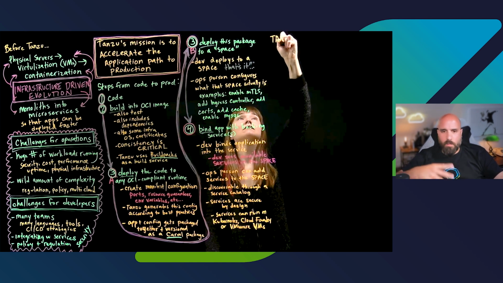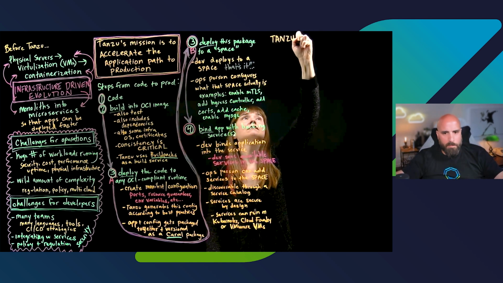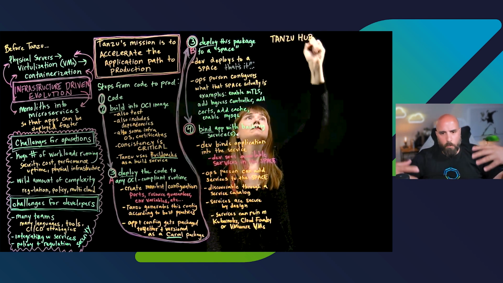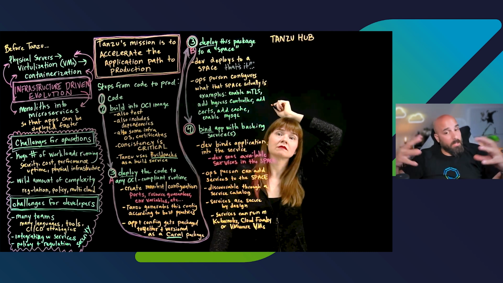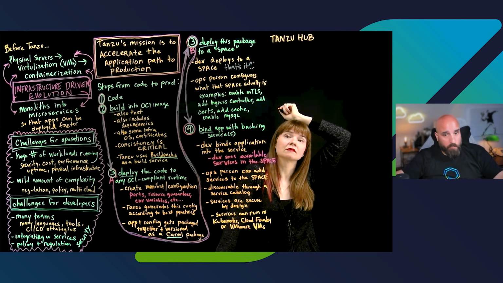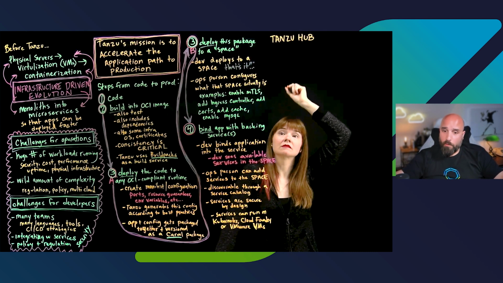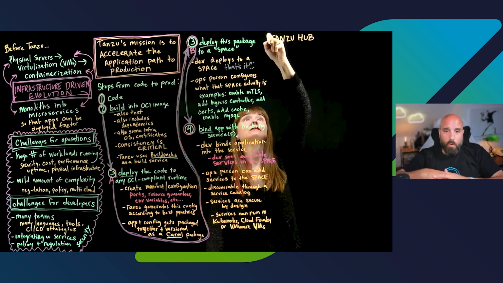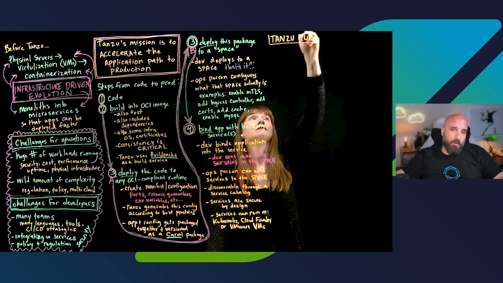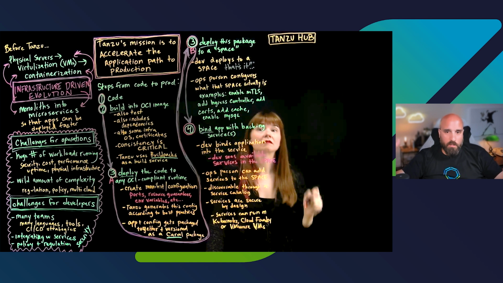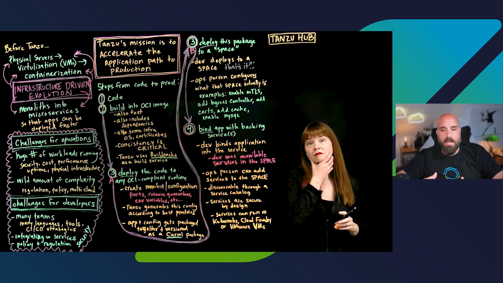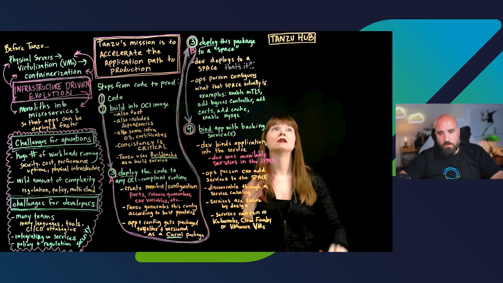And then you can take a look on the space and what are the capabilities that are part of the space and what are the components that are running. What's the network topology for the connectivity between the different components in the space. So all of those things that we've mentioned are coming into the Tanzu Hub as the main user experience layer.